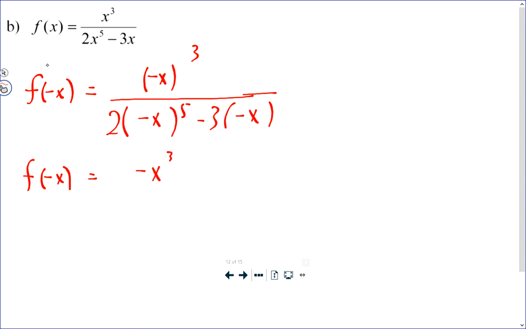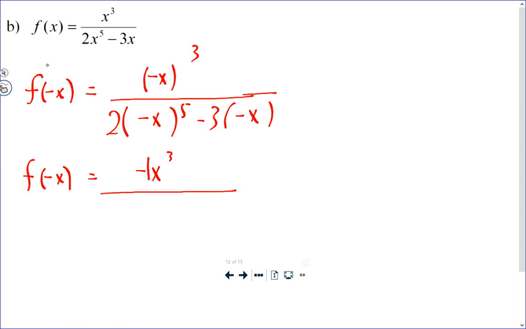And there's a difference between what I have written on the top, which is in brackets negative x raised to the 3, and what I have written on the bottom, which is negative 1 times x to the 3. They're equal to each other, but they mean slightly different things. The top means you're going to cube negative x. The bottom means you're going to multiply negative 1 by x cubed.